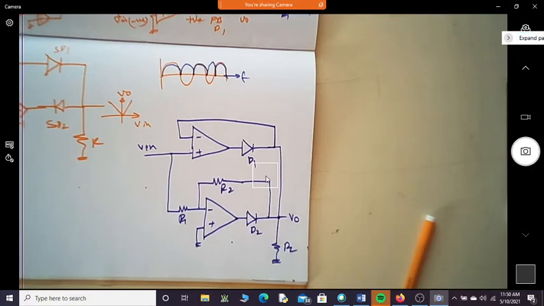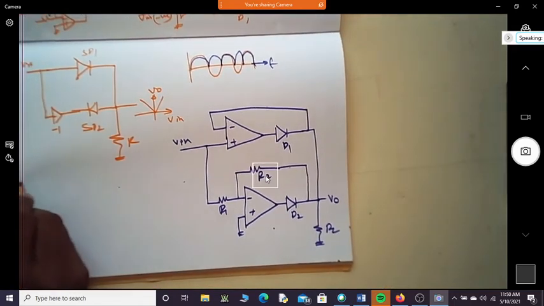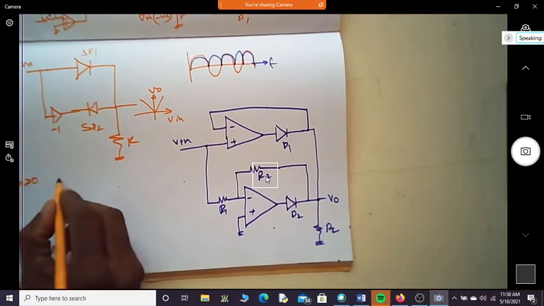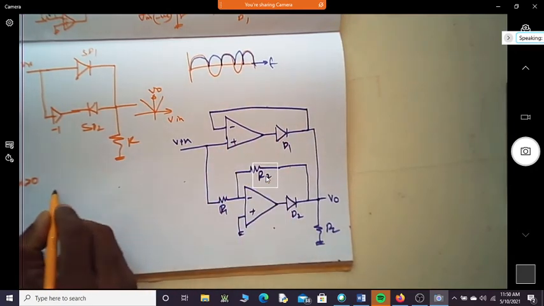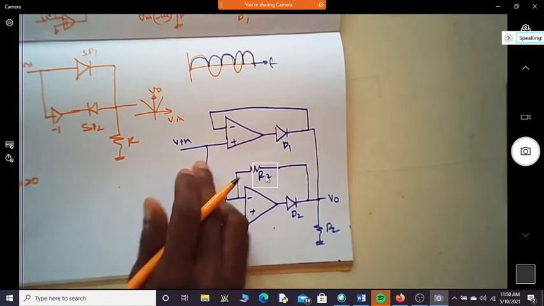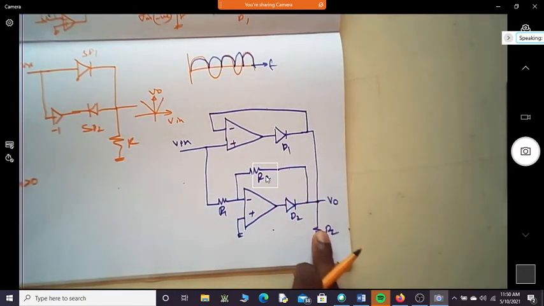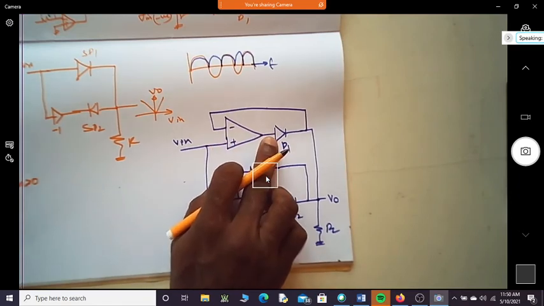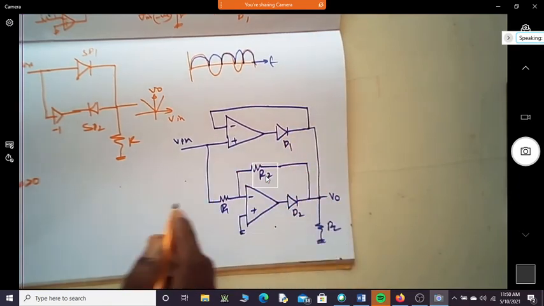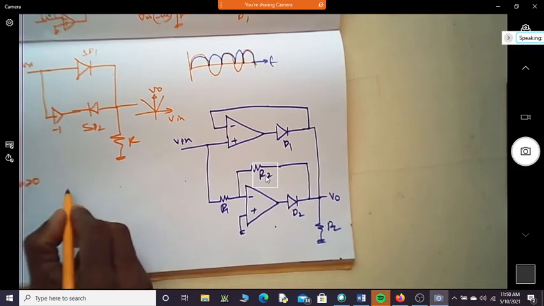Okay, shall we write the equivalent circuit for when the input voltage is in the positive half cycle and negative half cycle? So when V in is greater than 0, will this be on? Because this is connected to this, here it is 0, and this is greater than 0. This is at plus V sat. Then this is on, but this will be off.